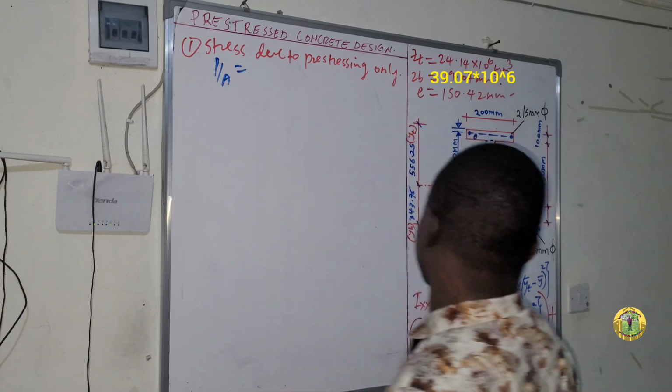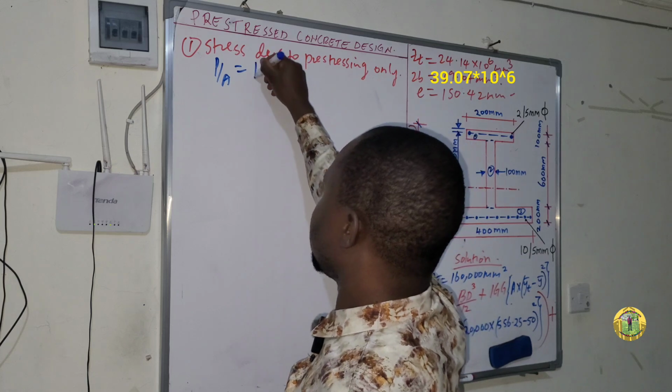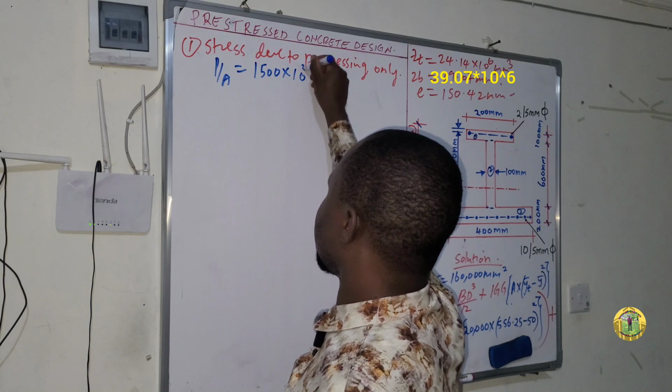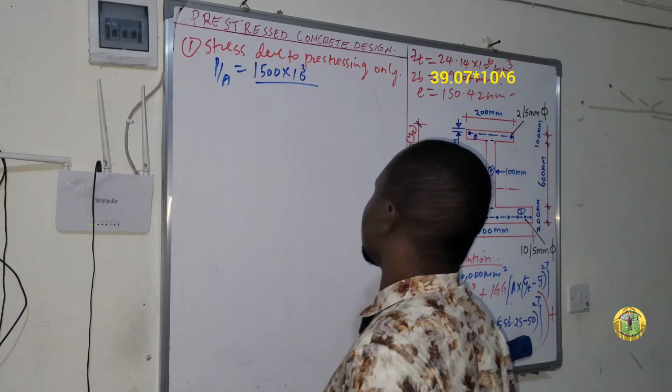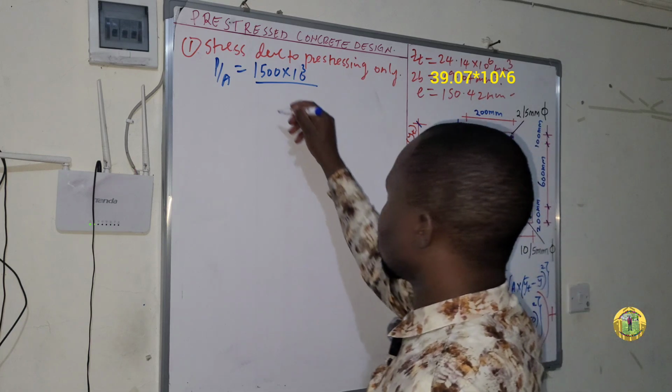So we will begin by the direct stress, whereby P over A is equal to, our P is 1500 kilonewton, which is the pre-stressing force, times 10 to power of 3, change it from kilonewton to newton. Then divided by area. Our total area is 160,000.